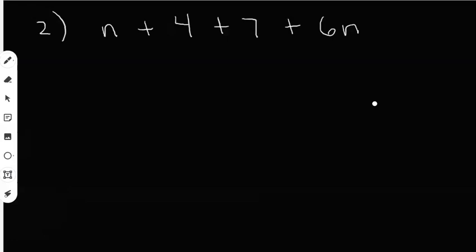You're going to underline all the terms that end with an N. That's going to be your variable. And you can add those terms together. Then you're going to underline all the regular numbers, the numbers that don't end with a variable. And you're going to add those together.